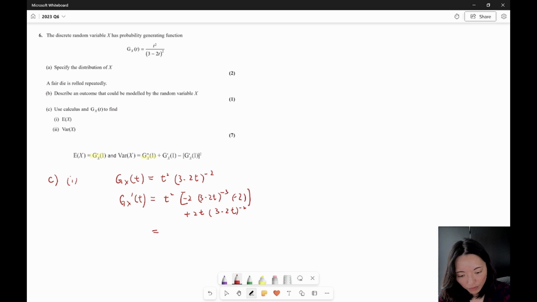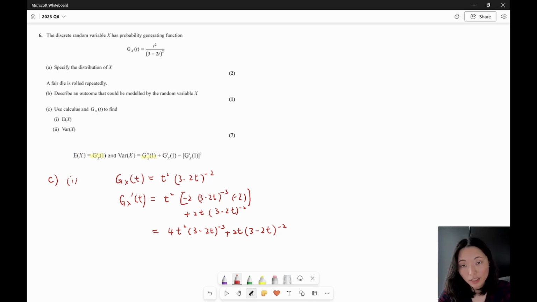Simplifying the expression, we have 4t squared times (3 minus 2t) to the power -3 plus 2t times (3 minus 2t) to the -2. Okay, so that's our expression for the first derivative.